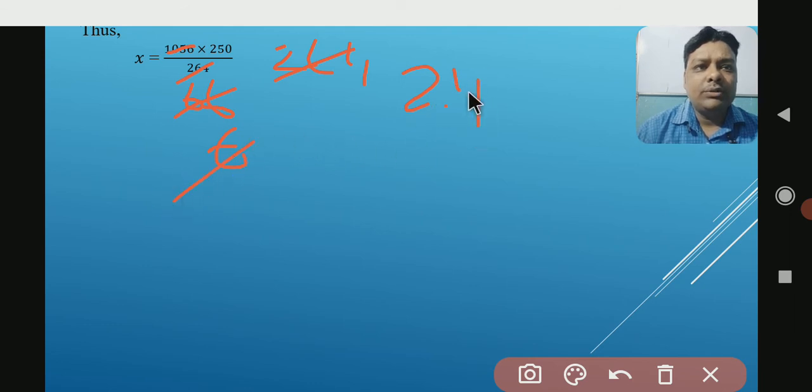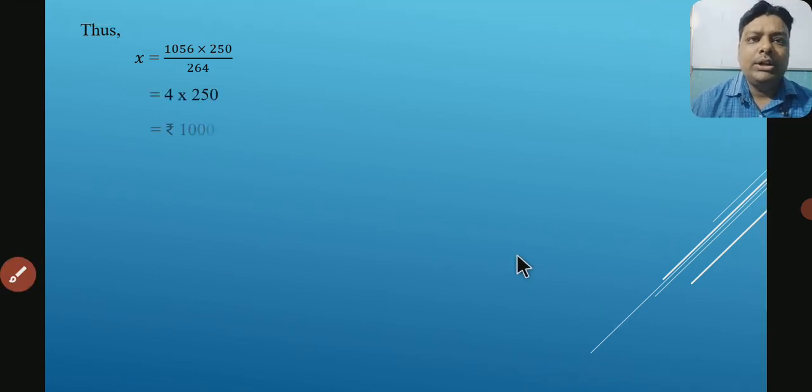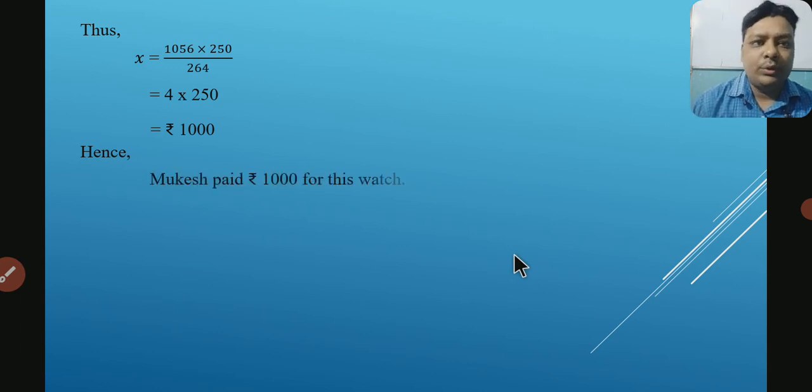So 250 into 4 is rupees 1000. It means Mukesh has paid rupees 1000 for the watch. I hope that you all have understood. Now let's move to the next slide.